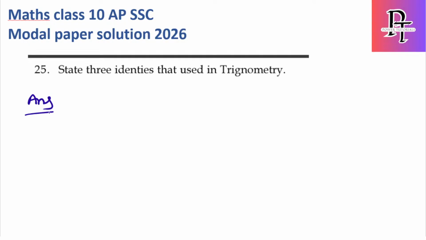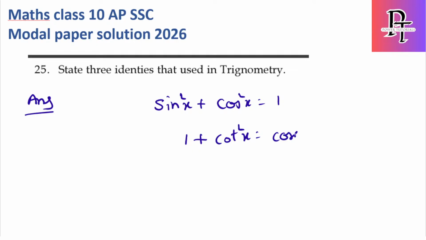State 3 identities used in trigonometry. So it's a straightforward question. You can say this belongs to the easiest questions because sin square x plus cos square x is equal to 1 is the first identity. If I divide by sine square, I will get 1 plus cot square x is equal to cosecant square x.